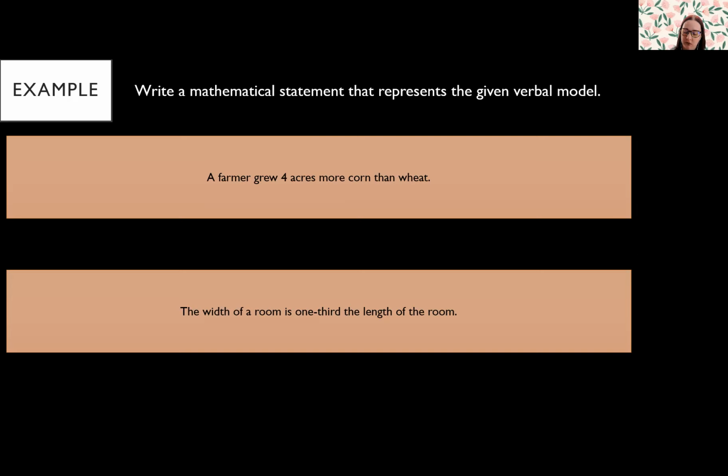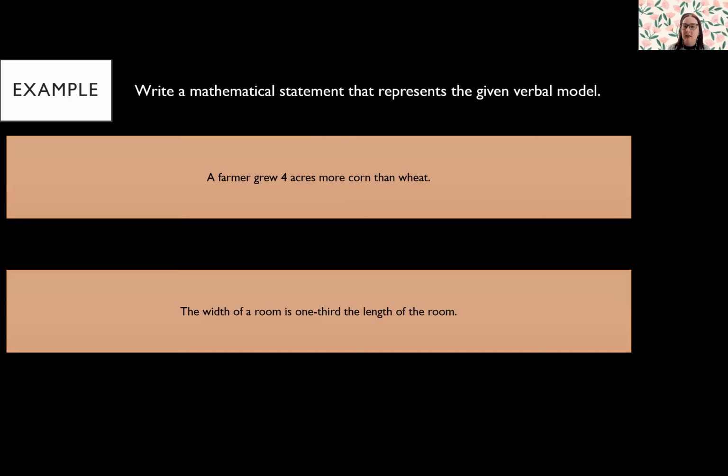When you've got something like this where you don't have the word is, you're trying to figure out where everything goes. This one very commonly gets translated backwards, so you want to use your thinking here. We have 4 acres more corn than wheat. So there is more corn than wheat, so corn is bigger.